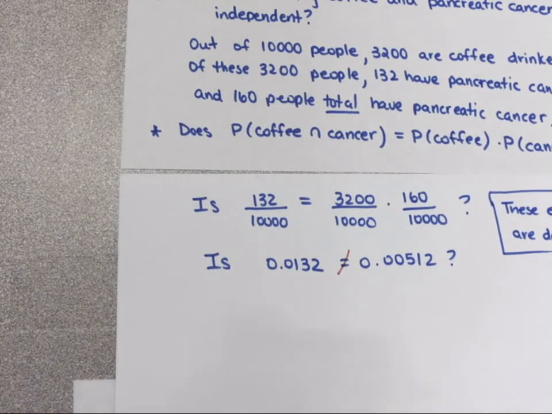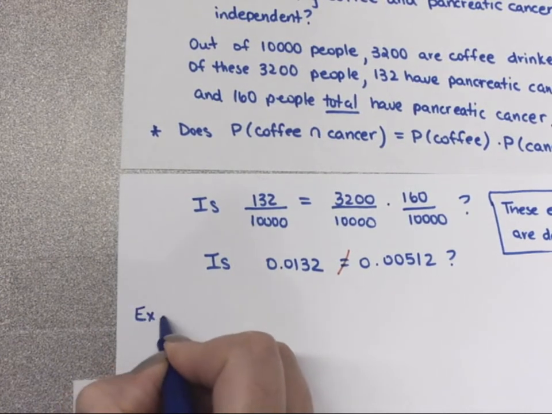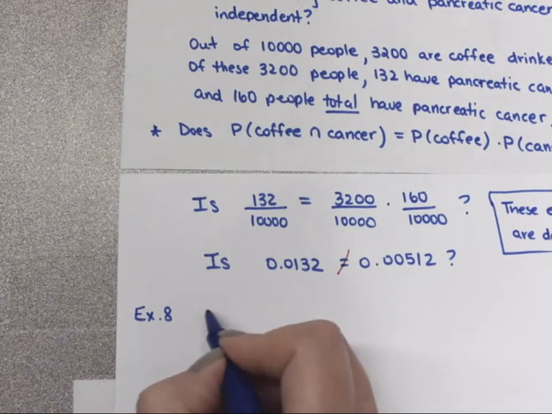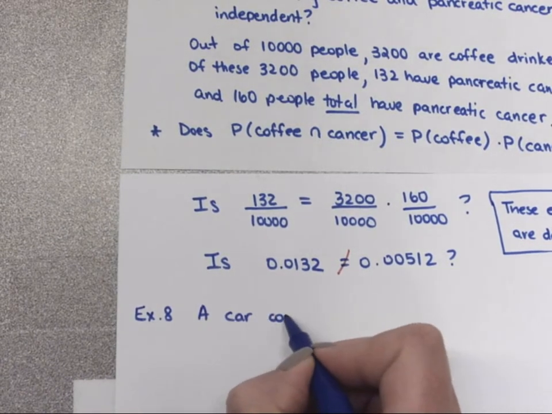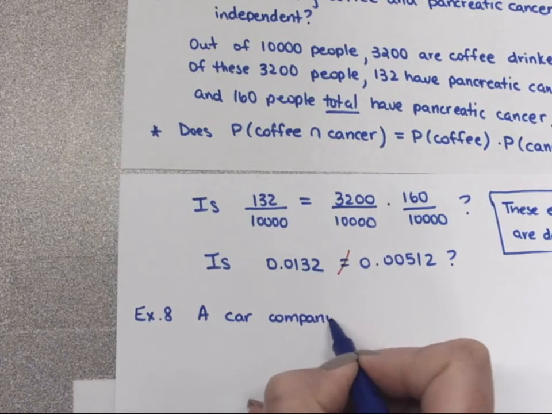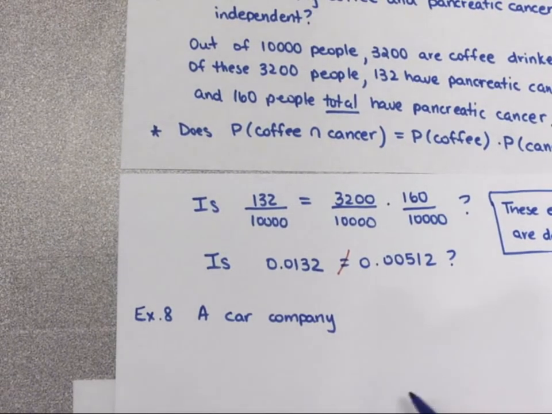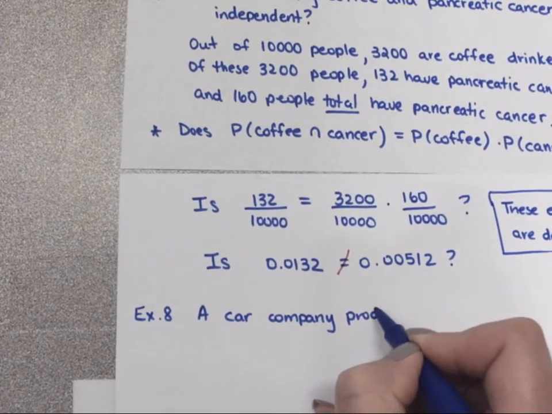Okay, so let's look at one more where maybe we come up with our own tree diagram. We're going to use some of these type of tree diagrams on Friday too.